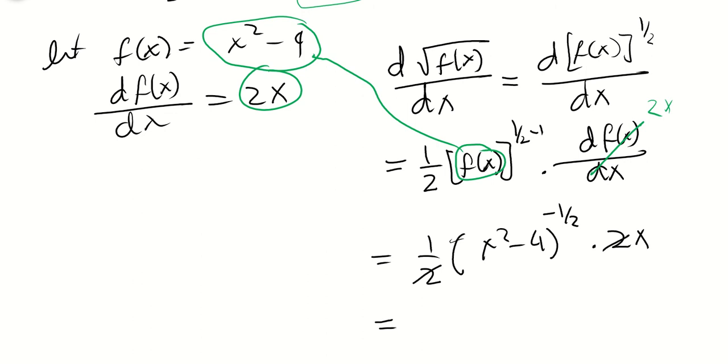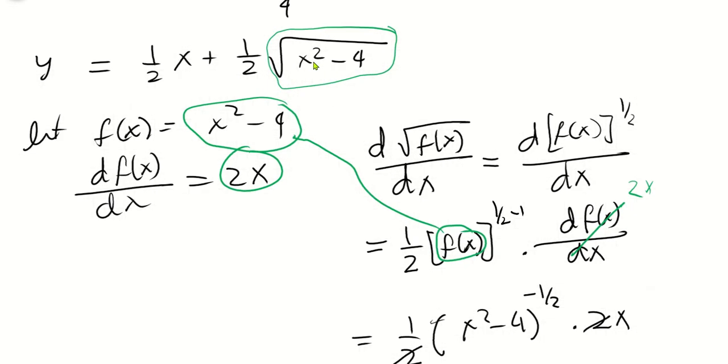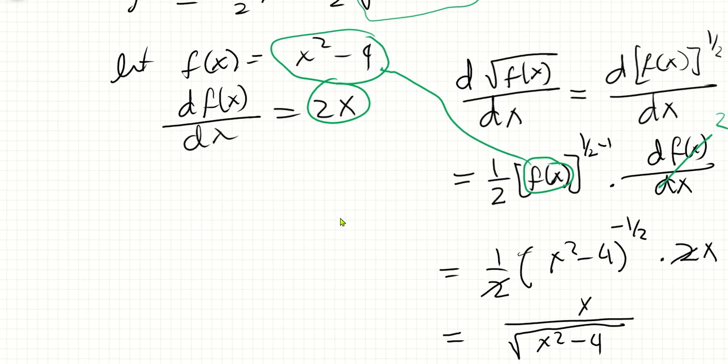So we have now x all over, we bring down the negative exponent, so this will be the square root of x squared minus 4. Raised to 1 half is the square root. So this is the derivative of this one here, but we still need to multiply it with 1 half.